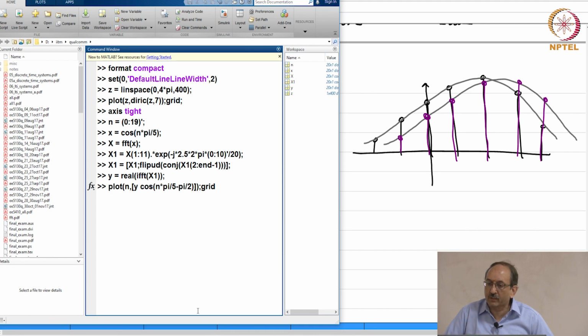Ground truth is really cos of n pi by 5 minus pi by 2. Remember, that is x of n minus 2.5, whatever that means. So, this is the ground truth, and y is cos n pi by 5 shifted in the frequency domain by applying a phase factor of 2.5.